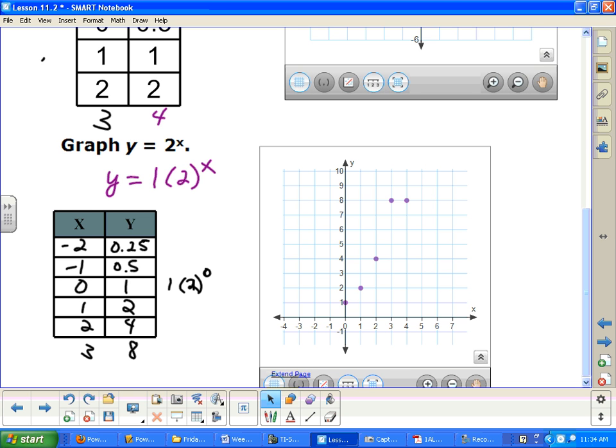And then draw a smooth line. And make sure that we don't cross the x-axis.